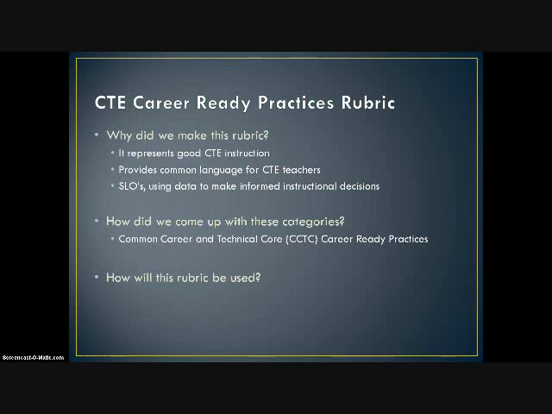These Career Ready practices were narrowed to 6 categories. We feel like the 6 categories that were chosen could be applied to all of our content areas and multiple types of projects or presentations within CTE coursework.